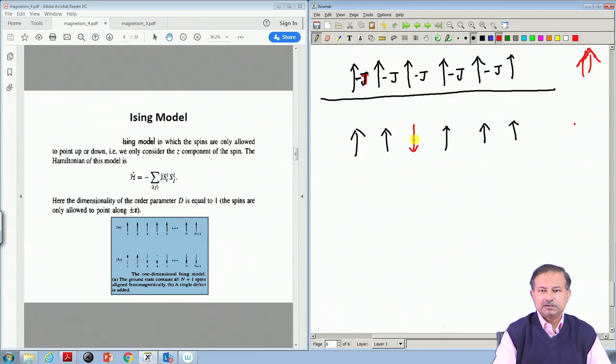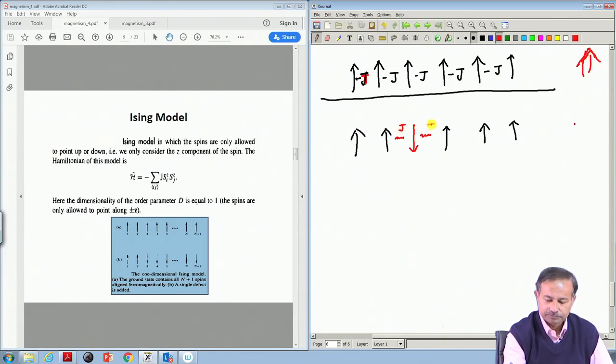This is obviously one choice of an excited state, because now these two bonds have their J's unhappy, this Hamiltonian is unhappy, the energy here is now plus J, all the others are minus J.